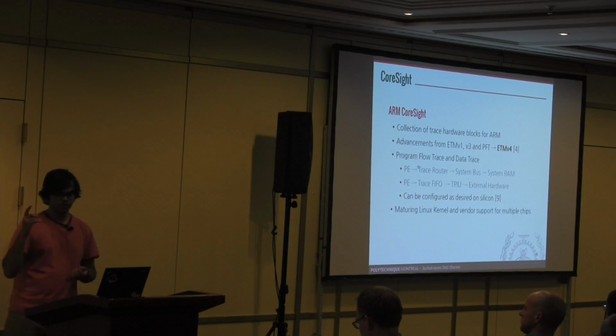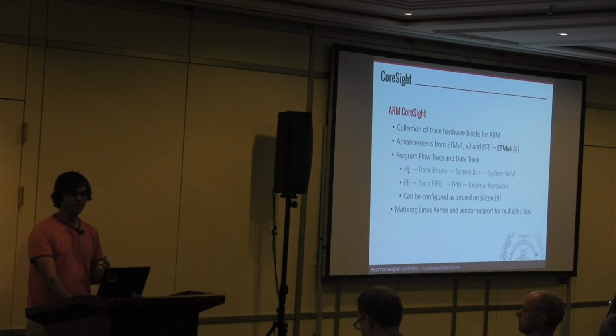As you see here, the processing element can send the data to the trace router, which can then send the data to the system bus and then to the system RAM, or it can send the data to a trace FIFO.